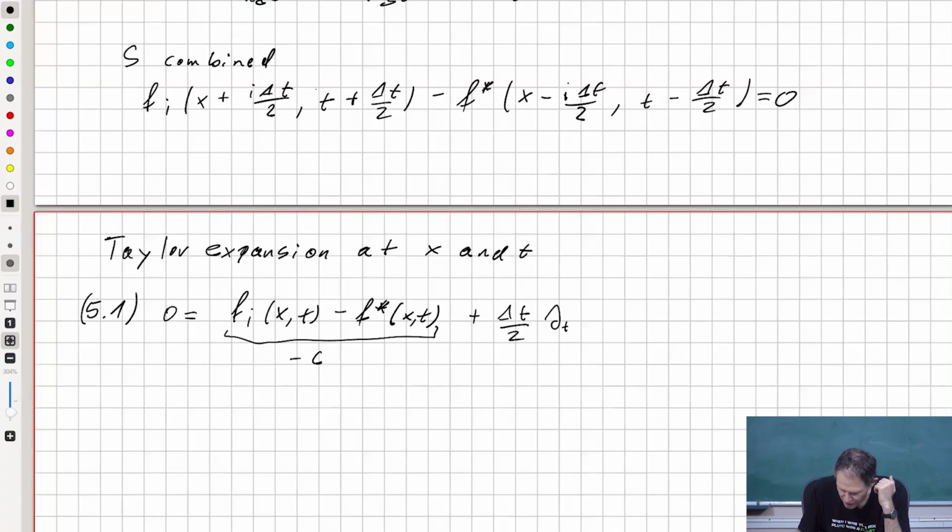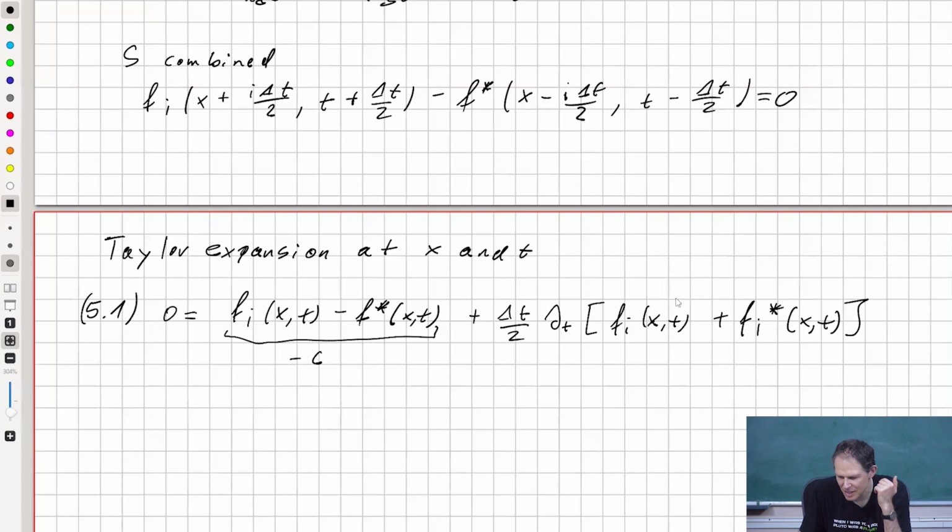So, and this into ∂t f_i(x, t) plus f_i(x, t). So you can see we get the plus because we have here minus, minus, and here we have plus, plus. Yeah, so plus, plus gives plus, and minus, minus gives also plus.